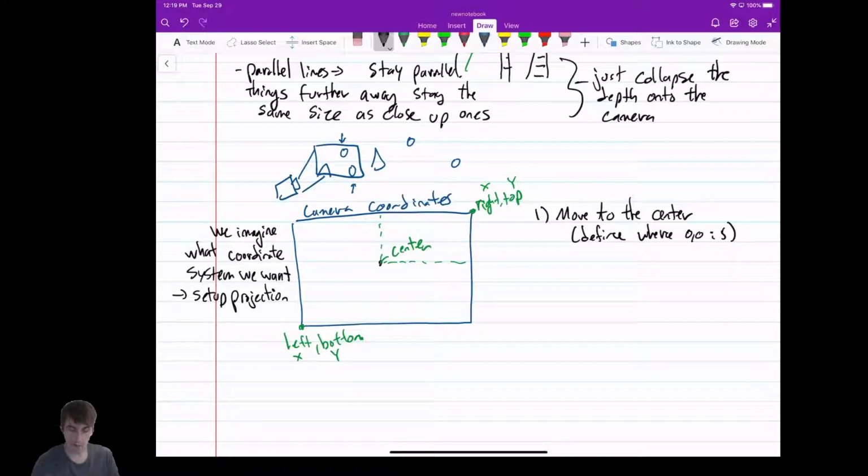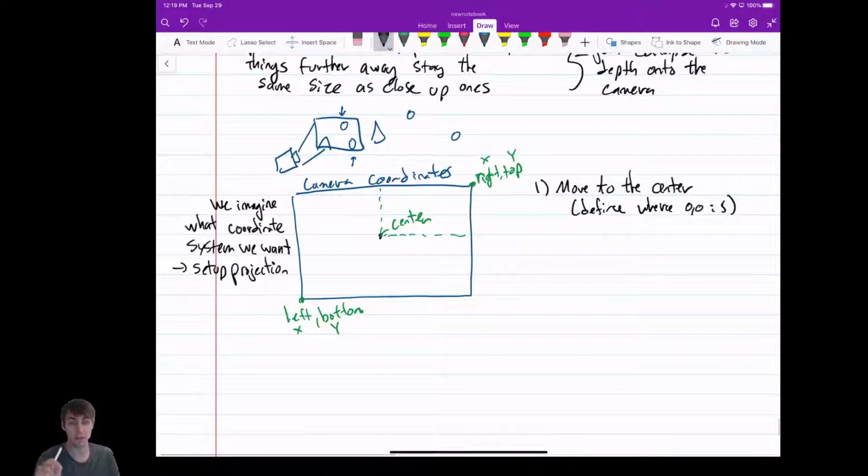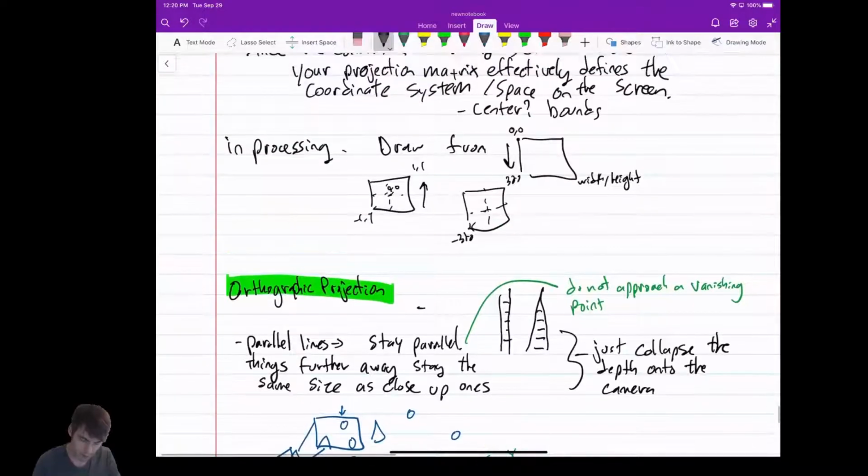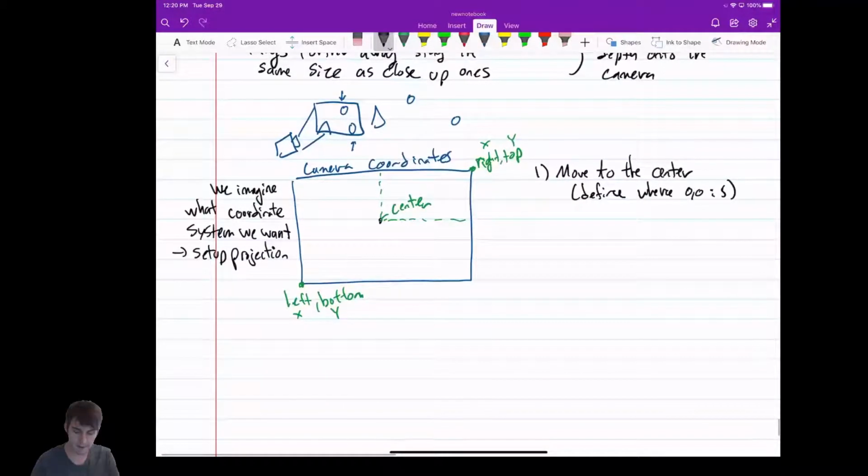Now remember, we're moving into NDC coordinates where 0, 0 is in the middle. So if we choose the center to still be in the middle of the two sides, nothing changes. But in other projections, where 0, 0 is in the top left corner, then you need to set up that projection to define that. So we move to the center of where we want it to be.